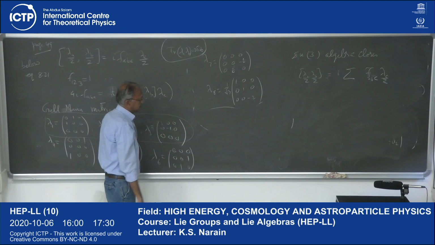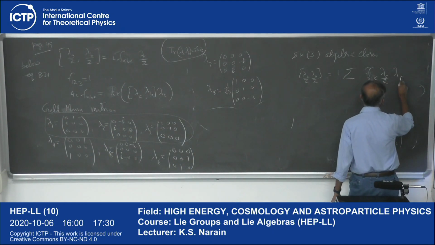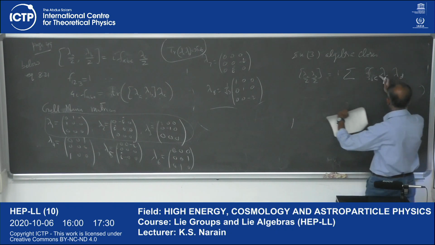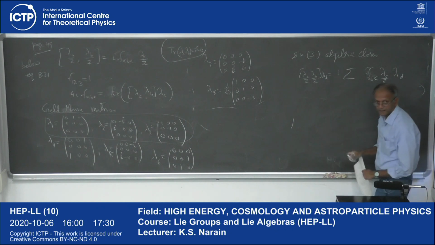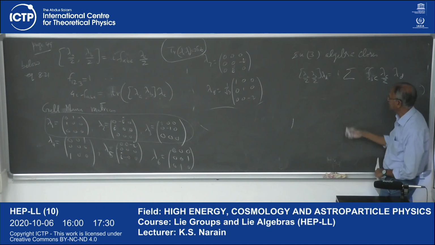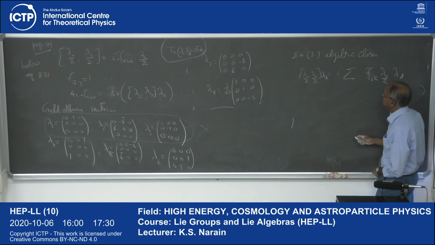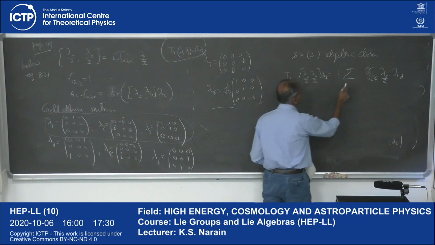Now, if I start from this equation, let's multiply both sides by lambda D. This is a matrix equation, right? So multiply on the right both sides by lambda D, for arbitrary D, which could be anyone from 1 to 8, and take the trace of both sides.